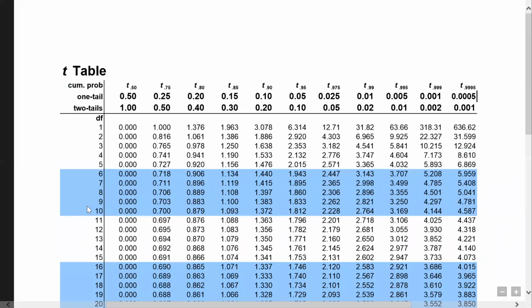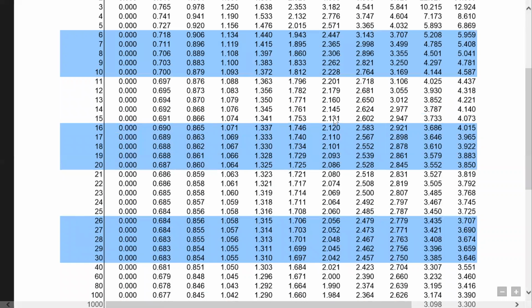The degree of freedom is your sample size minus 1. And the first row is the critical value. Here we have a two-tail problem, so we find the two-tail 0.05, and the degree of freedom is close to 60 or 40, right?